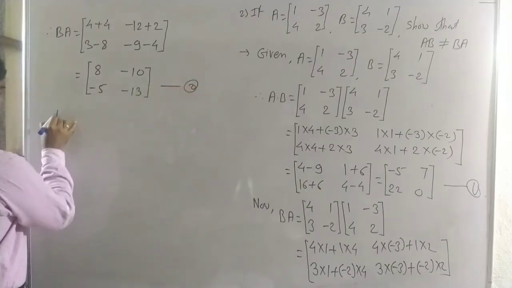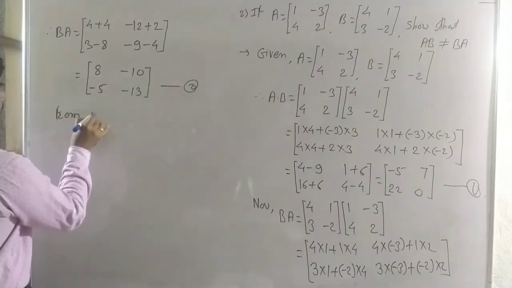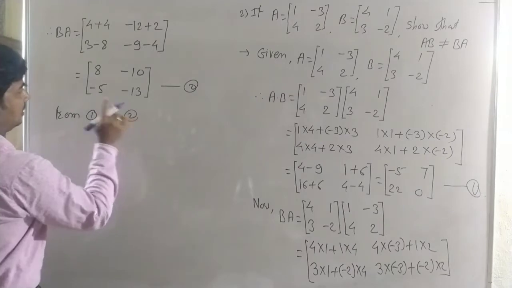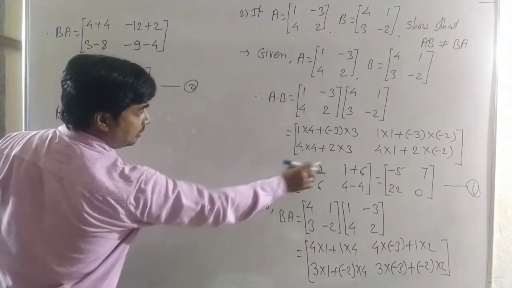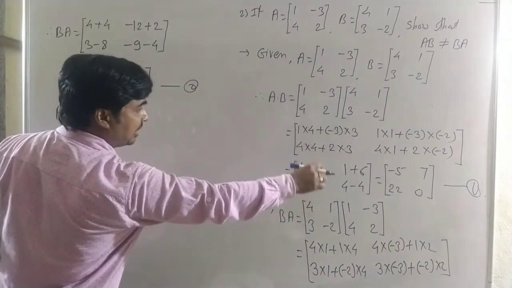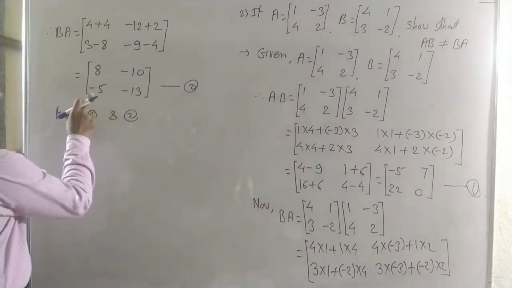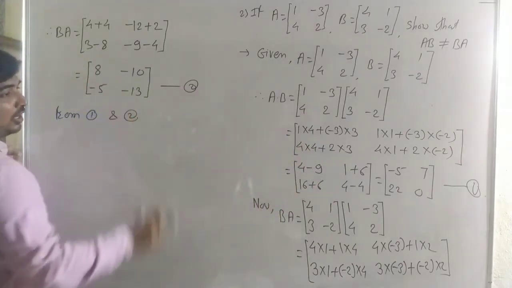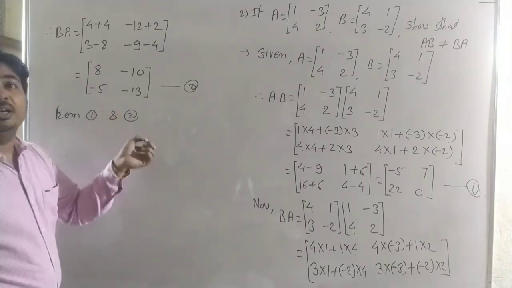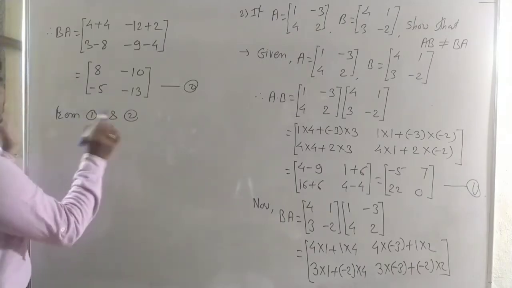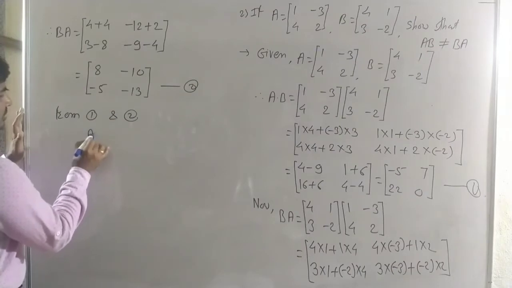And from 1 and 2, it is clear that in equation number 1, A into B is minus 5, 7, 22, 0, but here it is 8, minus 10, minus 5, minus 13. The order is the same, but the corresponding elements are not the same. Therefore these two matrices are not equal.